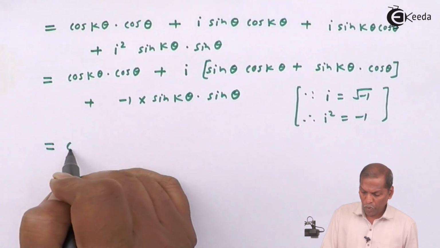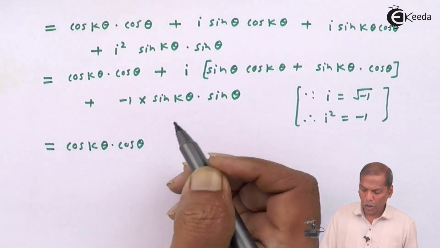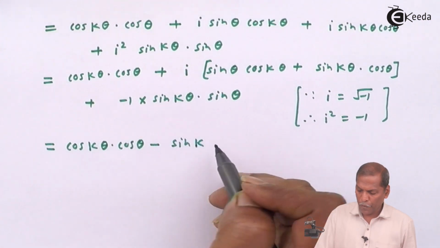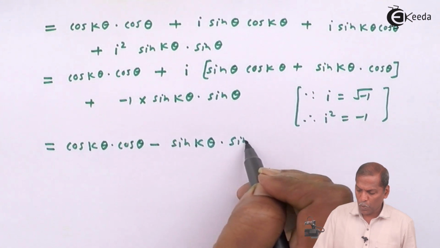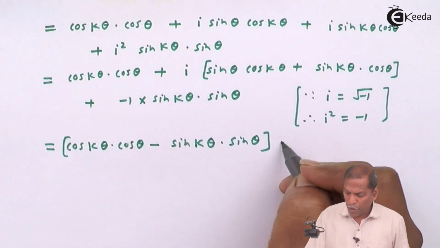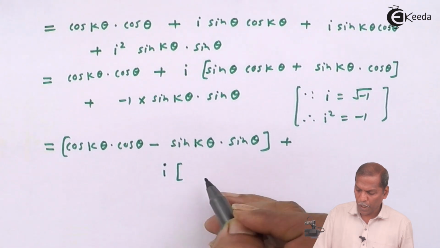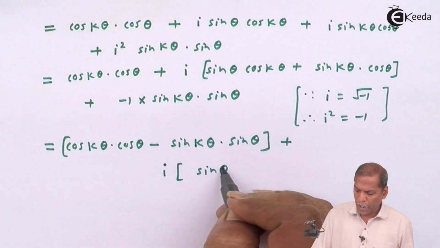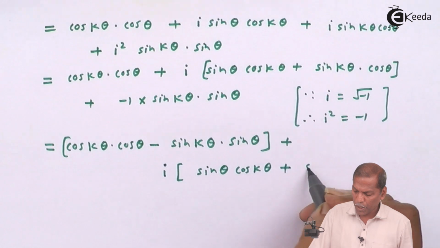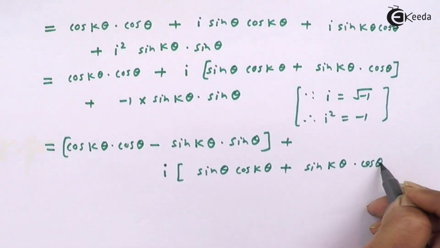So we have cos of k theta into cos theta minus sine of k theta into sine theta as one bracket, and plus we write the second bracket as it is, that is i times (sine theta into cos k theta plus sine of k theta into cos theta).